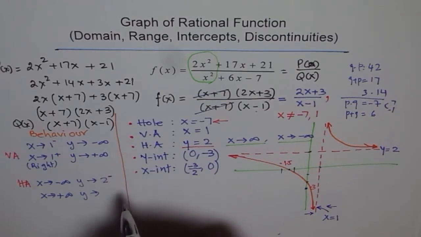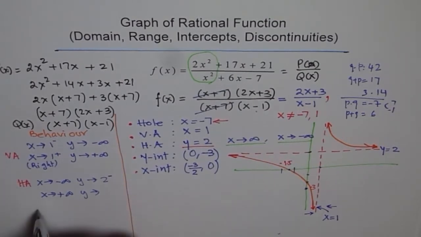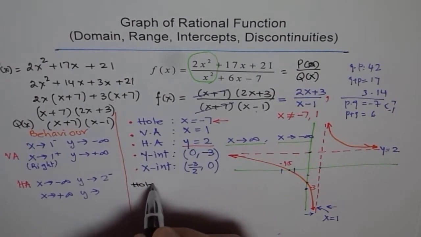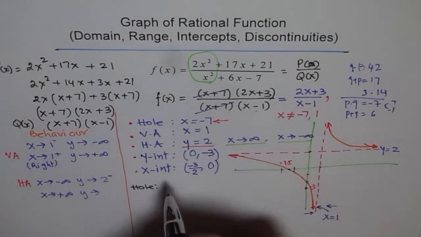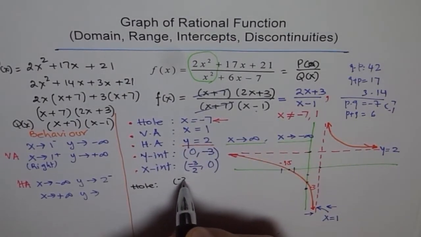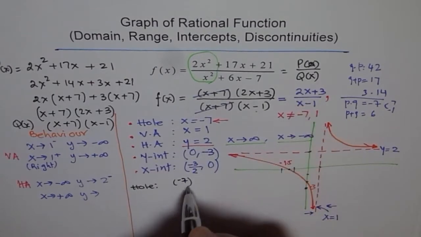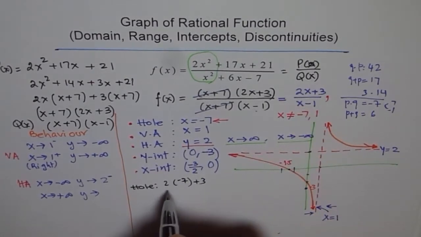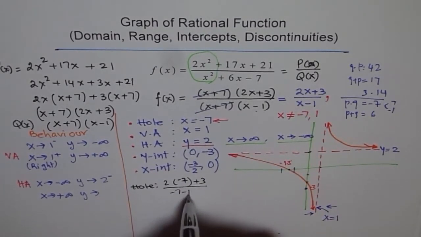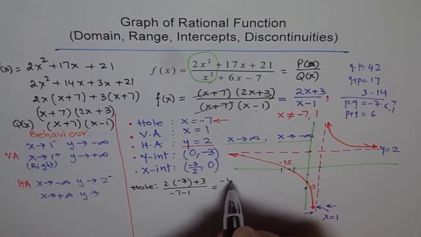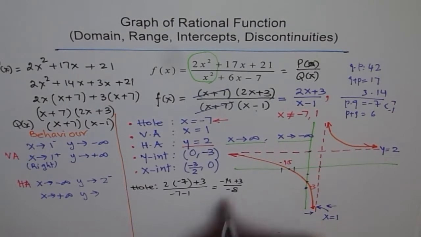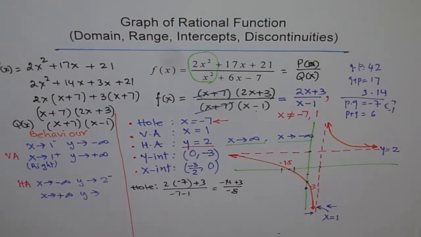Let me write here: 2 times -7 plus 3 over -7 minus 1. So we get -14 plus 3 over -8, correct? And you can calculate this value.